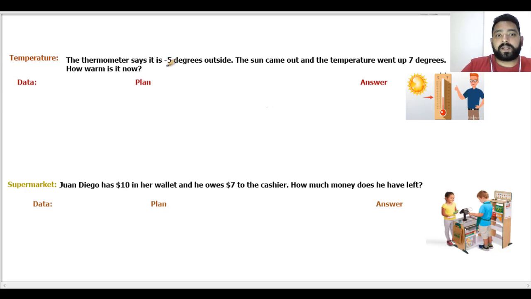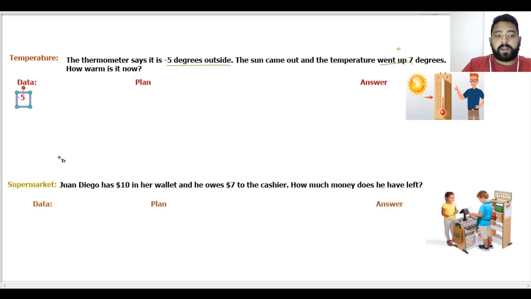It's negative 5 degrees outside, so we have a negative value. The sun came out and the temperature went up. What does it mean, went up? You have to try to identify. In this case, went up means positive, or go up, 7 degrees.